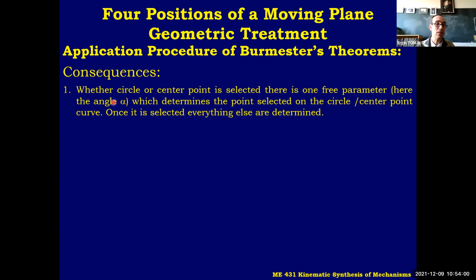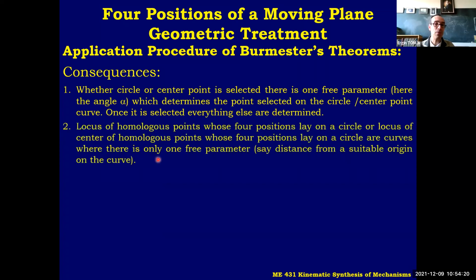So once this is fixed, everything else would be determined. That is the location of the other point. If we use circle point, the corresponding center, or if it's center point, the corresponding circle. So for the locus of homologous points whose four positions lie on a circle, or the locus of center of those homologous points, we have only one free parameter.